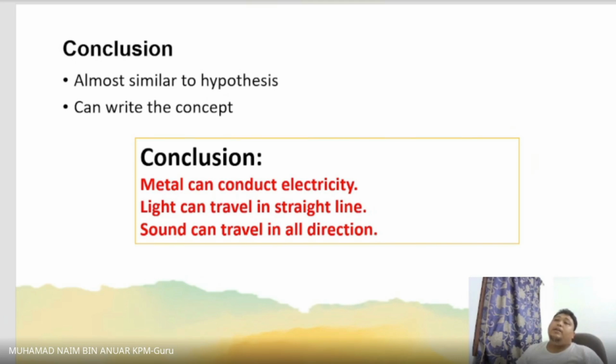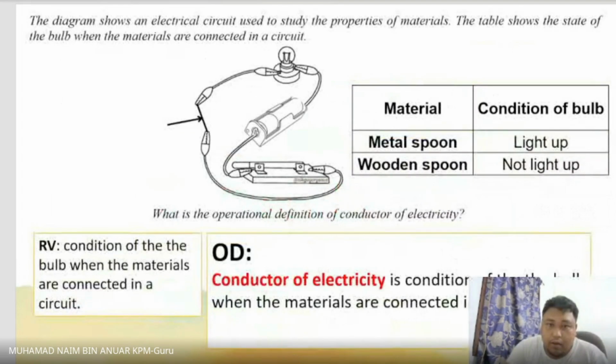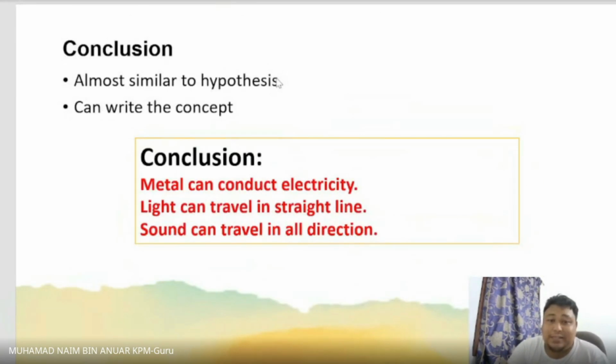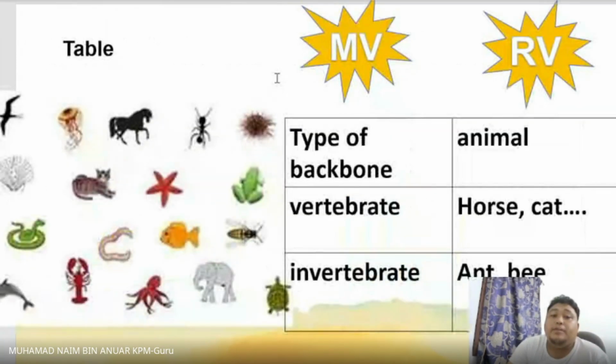Or you can write the concept. Look at this experiment. The concept here is metal is a good electric conductor. That's the concept, and that's the conclusion. Very simple.